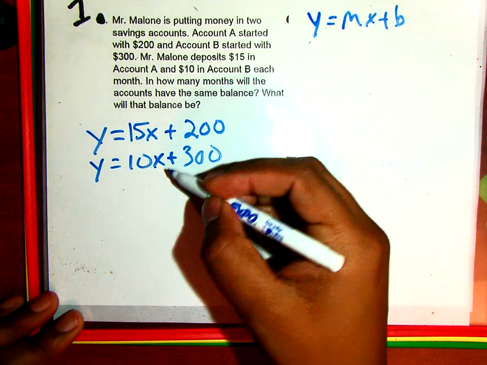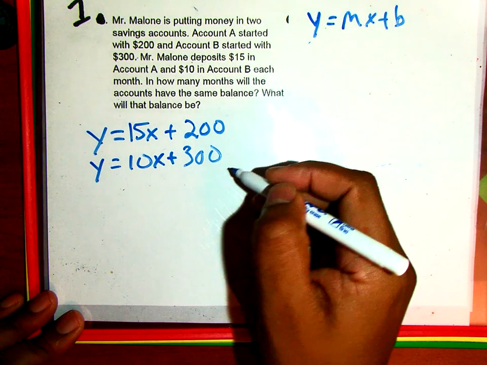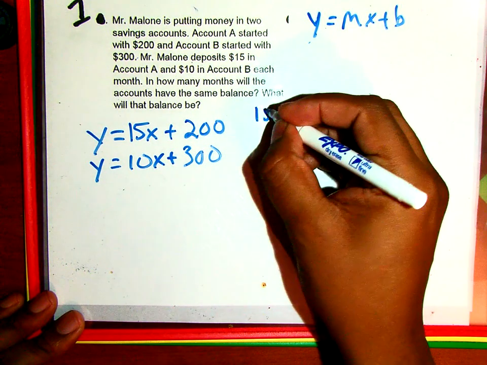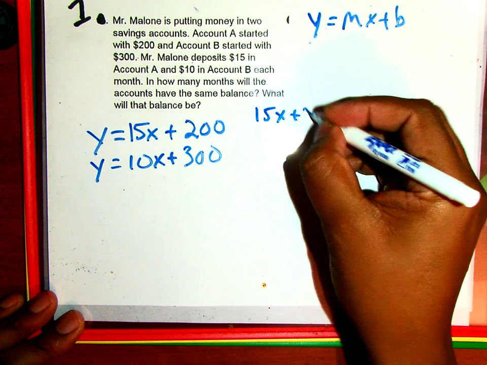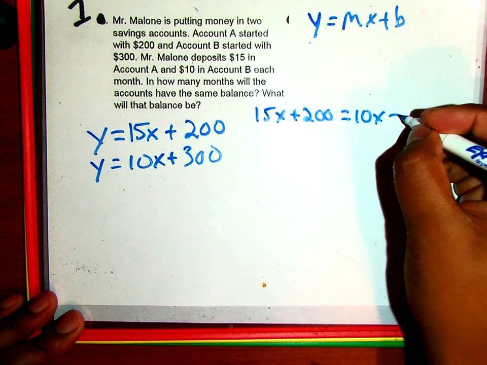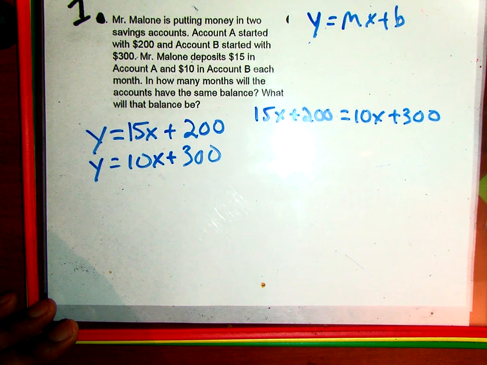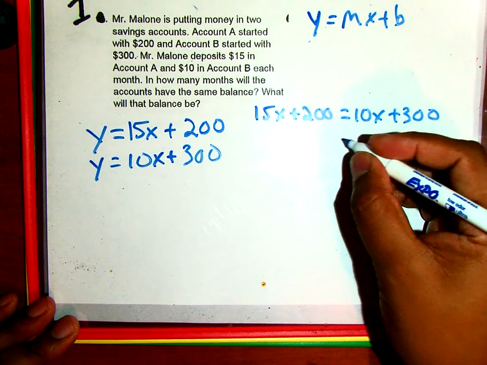All right, now I'm going to take these two, and since this equals y, I can replace it with 10x plus 300. So that's 15x plus 200 is equal to 10x plus 300. All right, so I'm going to go ahead and solve.